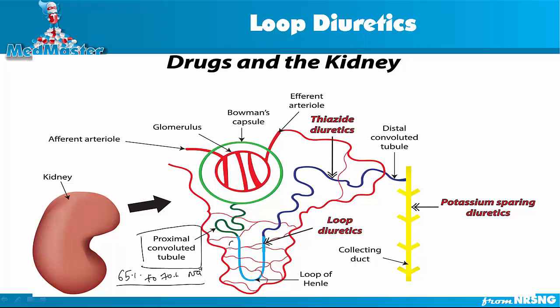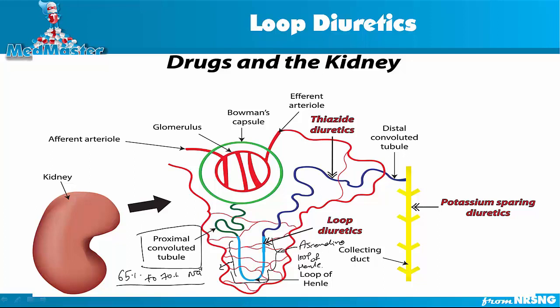However, this is called the descending loop of Henle. This is the loop of Henle, and this is the ascending loop of Henle. Now we are interested in the ascending loop of Henle.